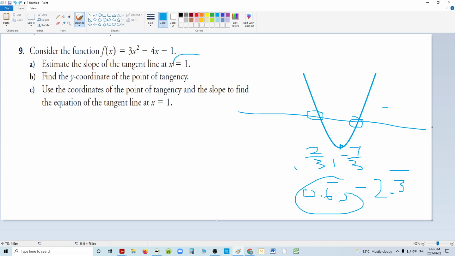However, when x is 1, we now know it's just to the right of this vertex. It's just here. So it's probably below the x-axis, which means we know we're looking at a positive slope. Find the y-coordinate of the point of tangency. Well, let's plug it in. When x is 1, by the way, this also goes through 0, comma, minus 1, right here. So that's interesting.